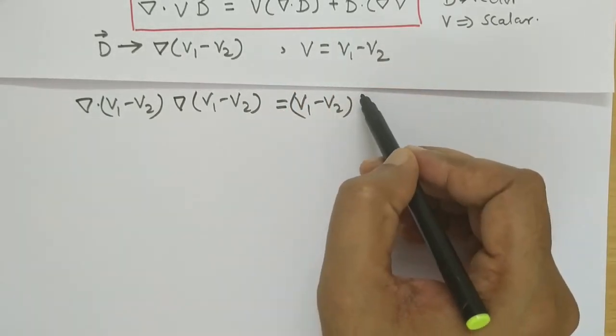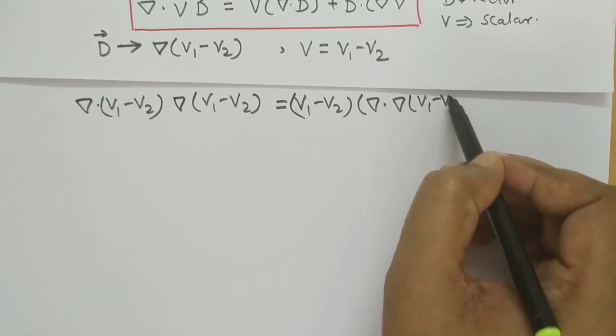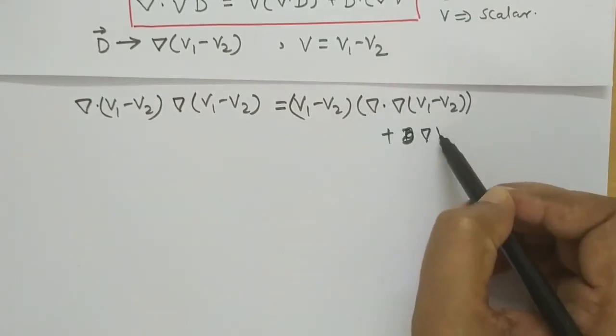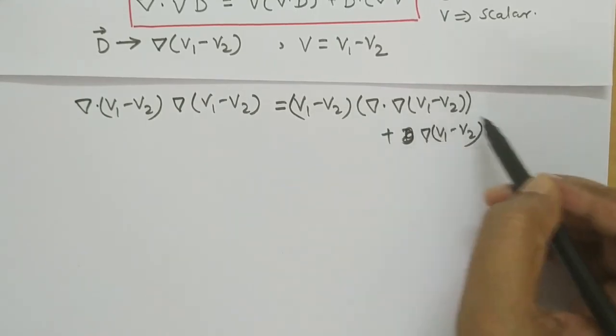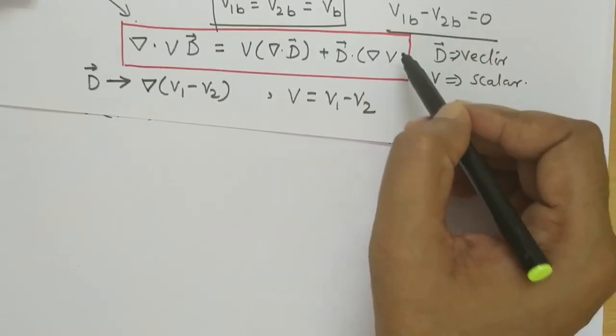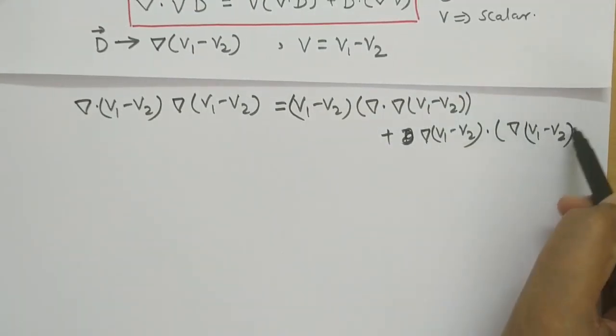Then we have V times del dot D, so del dot del of V1 minus V2, plus D dot del V, that is del of V1 minus V2 dot del of V1 minus V2.